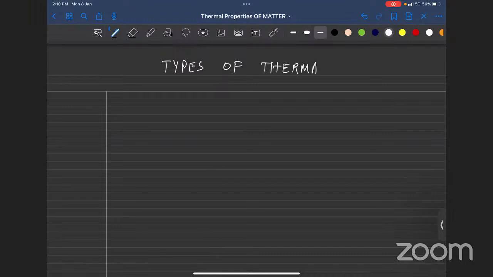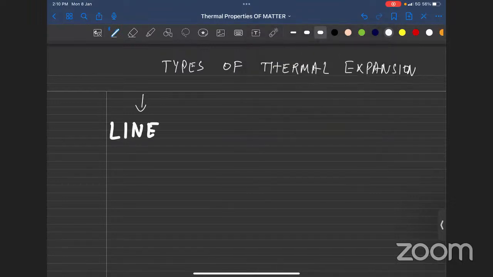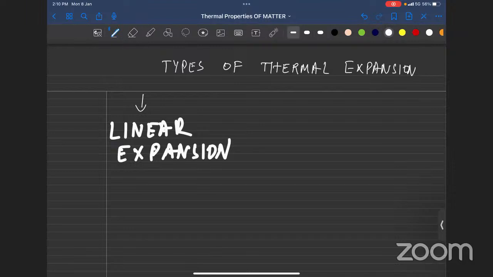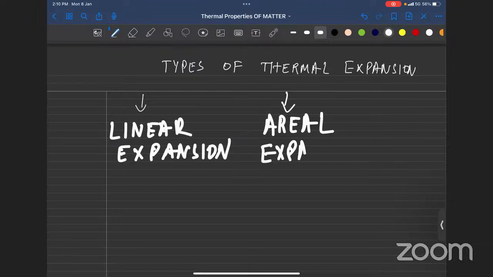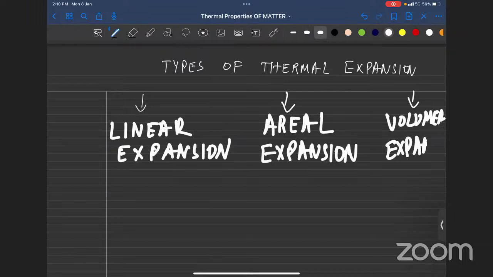We'll understand what is linear expansion, what is aerial expansion, and what is volumetric expansion.